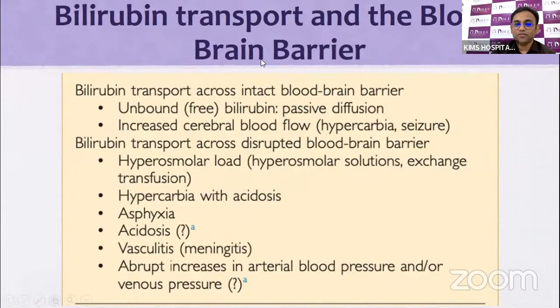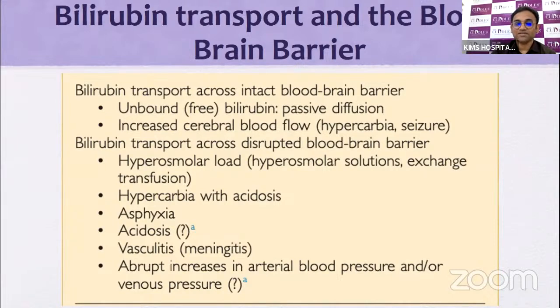So the bilirubin transport into the brain can happen through an intact blood-brain barrier and can also happen through a disrupted blood-brain barrier. In the case of an intact blood-brain barrier, increased levels of free bilirubin can be actively or passively transported from the intravascular space into the brain and can overwhelm the exporters, ABCC1 and ABCC2, which are the transporters that lead to the efflux of the bilirubin from the brain to the extravascular spaces.